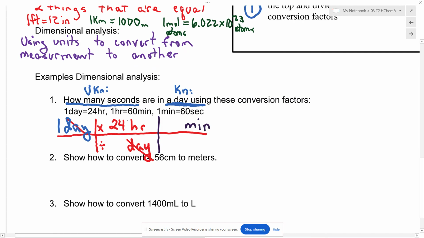And I want the unit here to cancel with the unit down here, so I'm going to make them the same. So, 1 day is 24 hours was my first conversion factor. I'm going to put 1 of the bigger measurement, so 1 hour. 1 hour is how many minutes? 60.